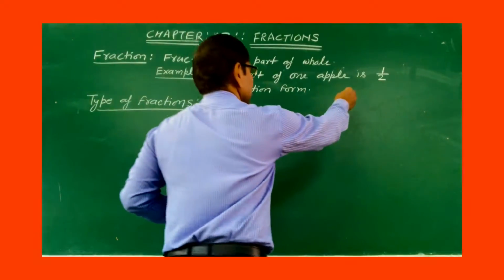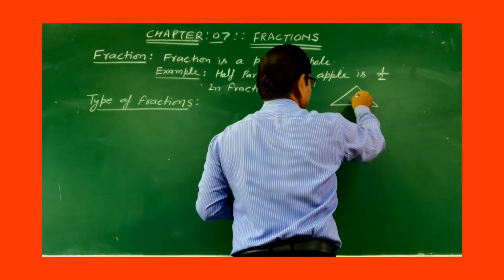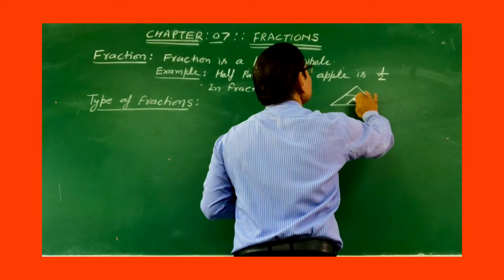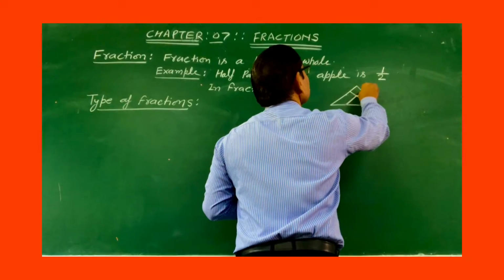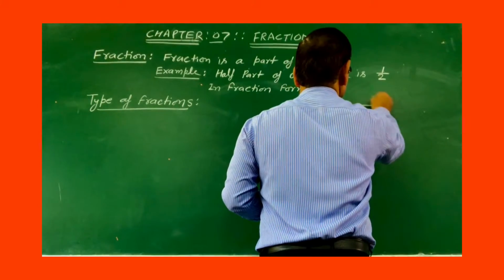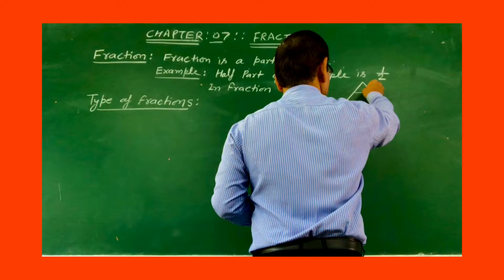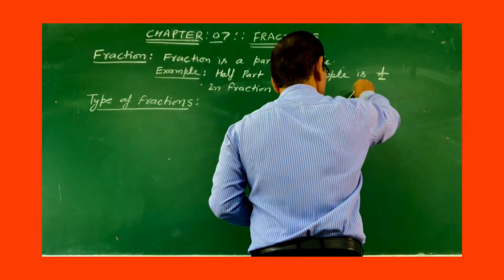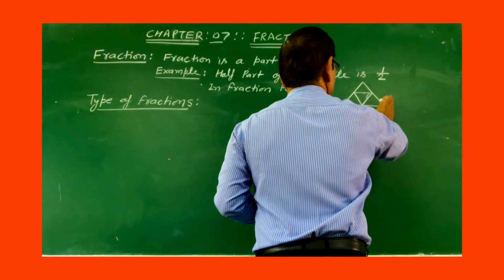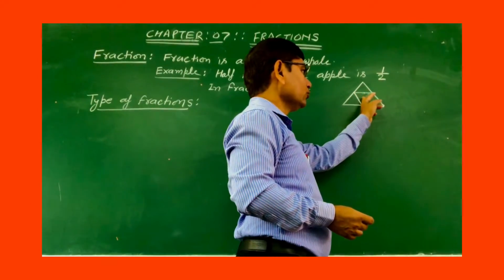Here is a diagram. You can see that this is a triangle and there are total 1, 2, 3, 4 parts.